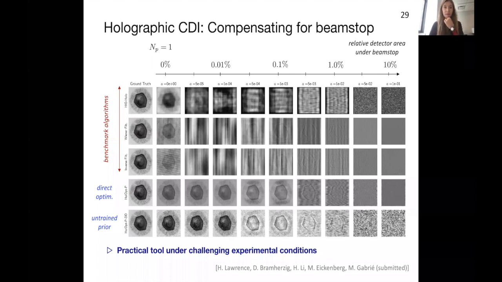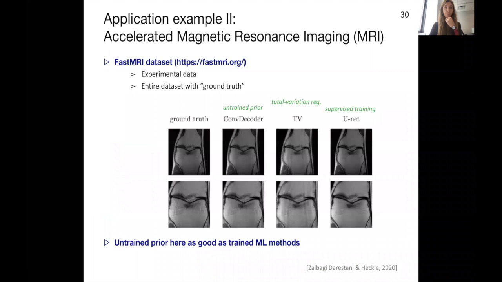Now there is another example that is on MRI. So what's nice about MRI is that actually we can look at the accelerated MRI problem, in which case we are applying those ideas of compressed sensing to take fewer measurements in order to do the reconstructions.